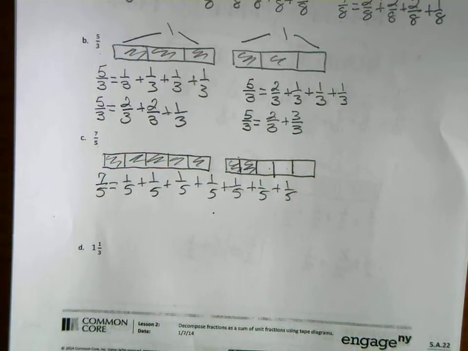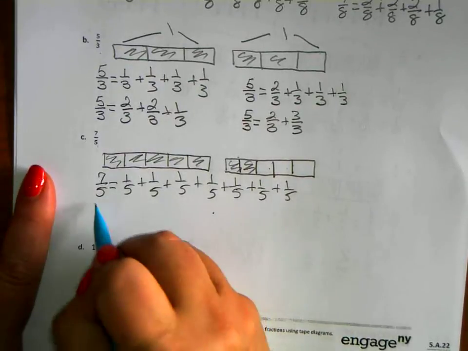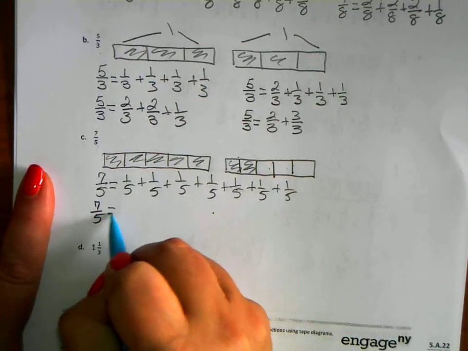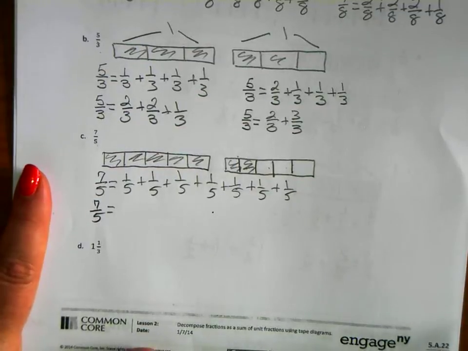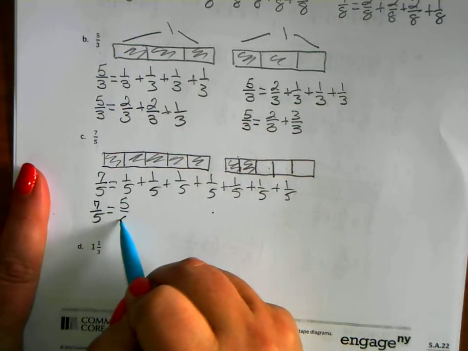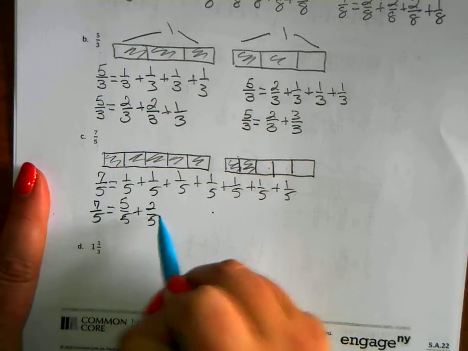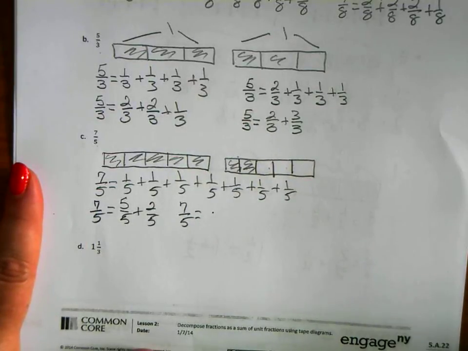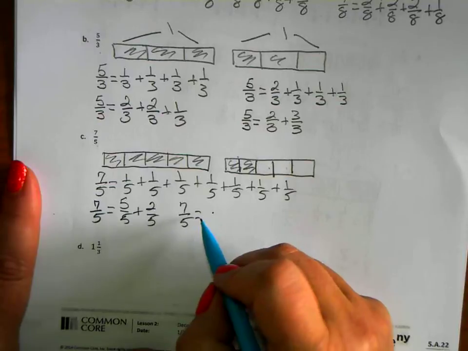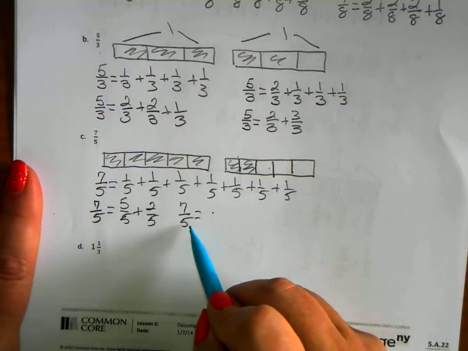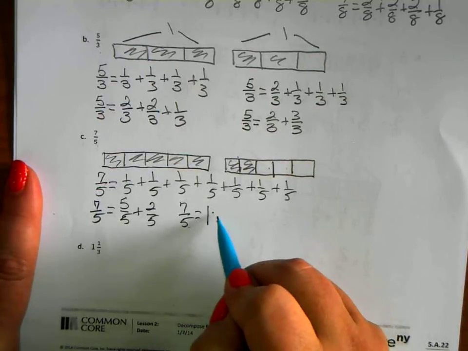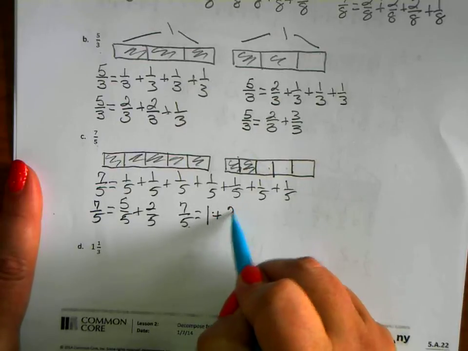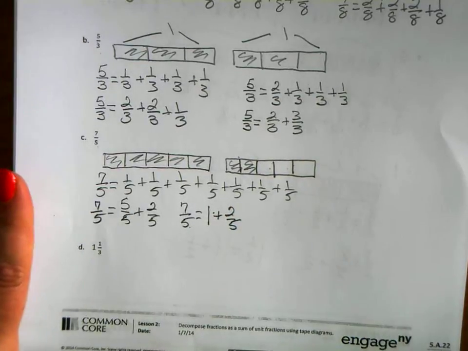Sebastian, what's another way to decompose 7/5? Good job. 5/5 plus 2/5. Kayla, 7/5 equals one whole plus 2/5.